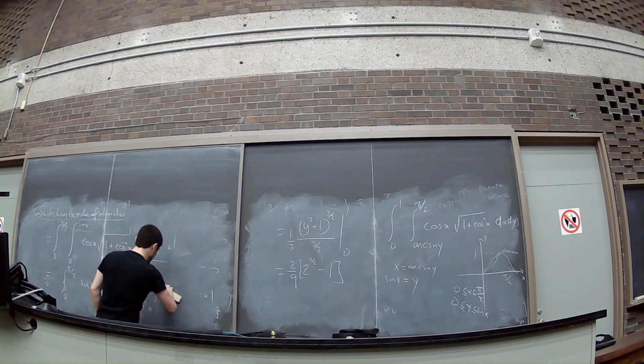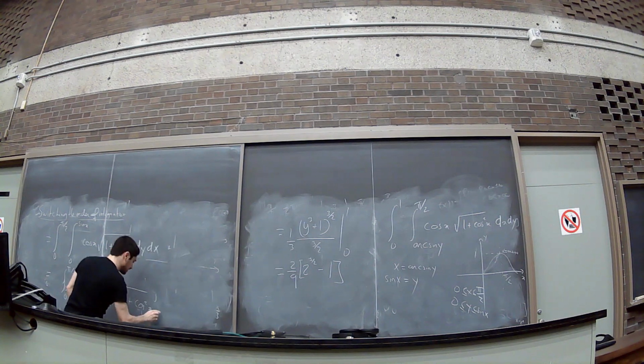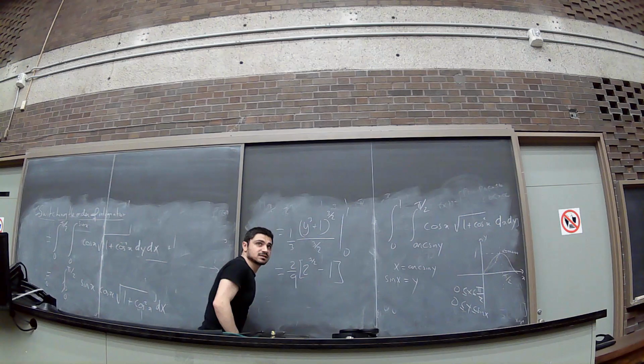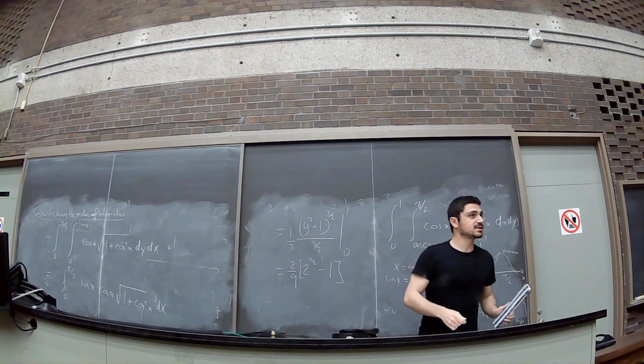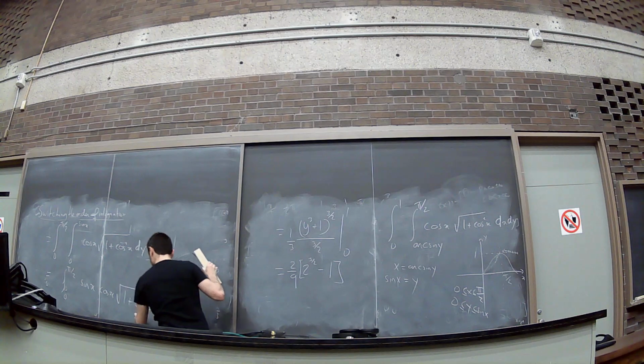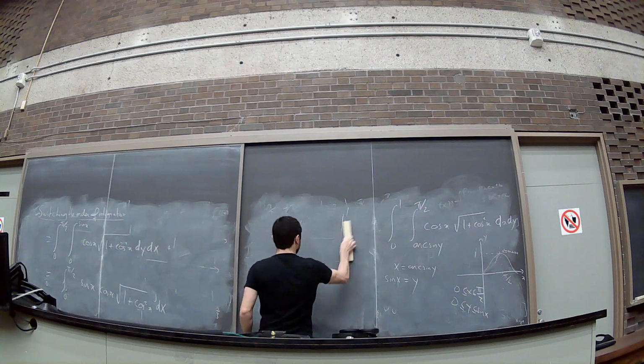Now, what's the derivative of cos squared x? This is minus 2 sine x cos x, right? Derivative of cos squared x is minus 2 cos x sine x. Wait a minute, I have this derivative here. Sine x cos x, I can relate to the derivative of cos squared x.